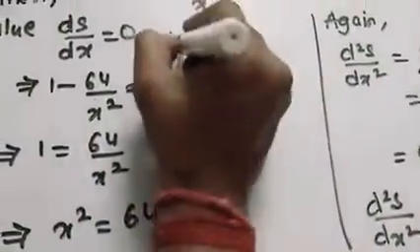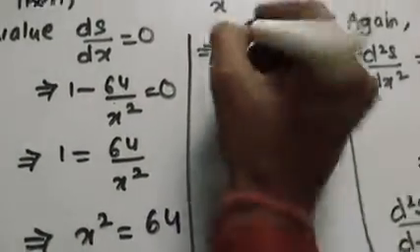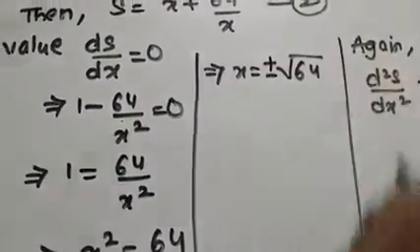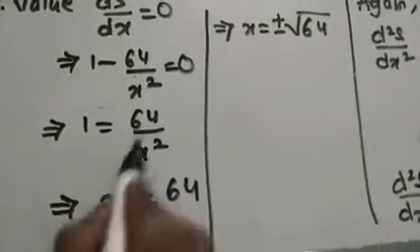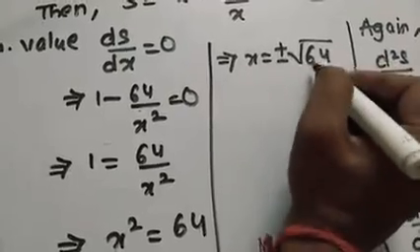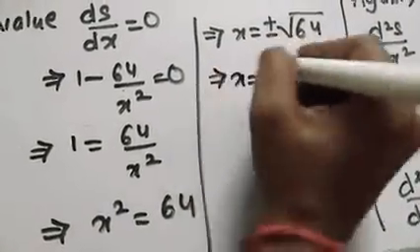That is x equals, now the square goes to that side, it will give square root of 64, and square root means there are two values, one is plus, another one is minus. We know that square root of 64 is 8.